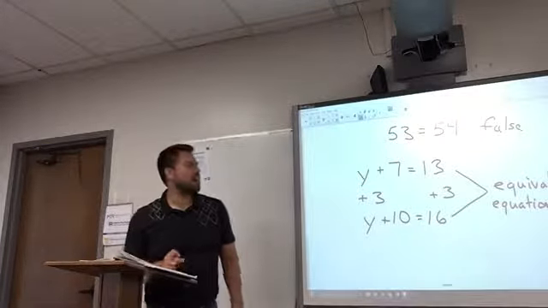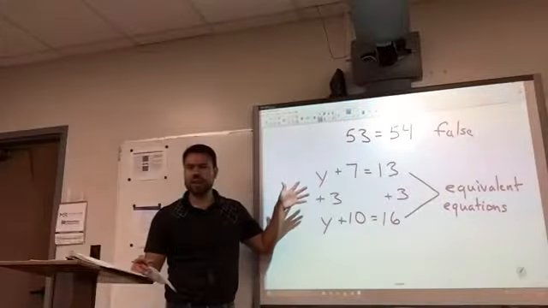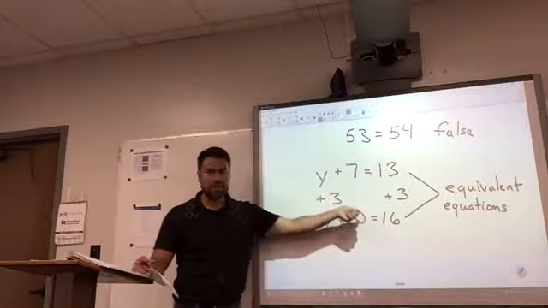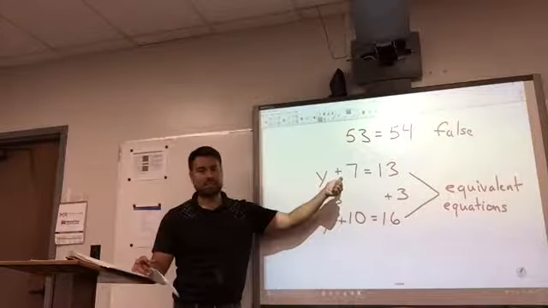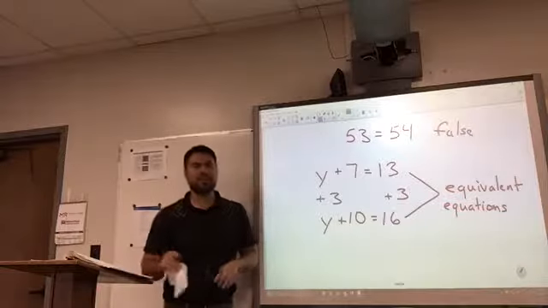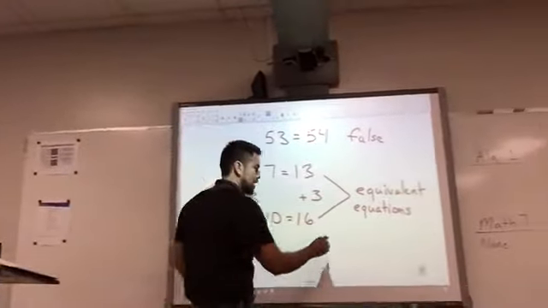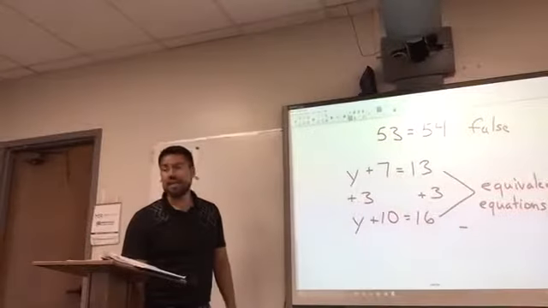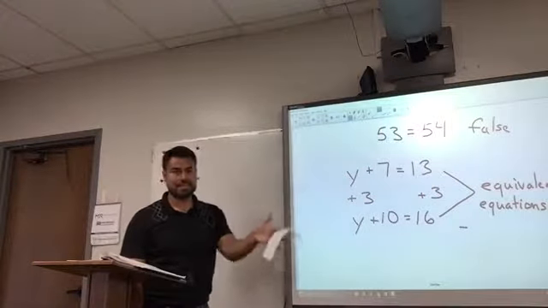And I'm like, wait. I'm looking at these two equations right now, guys. Yeah, they both have y, and they both have an equal sign, but they have different numbers. They're not the same equation. They're different. Why do we say that they're equivalent then? Or why do we give it that term, equivalent equations? They have the same this.